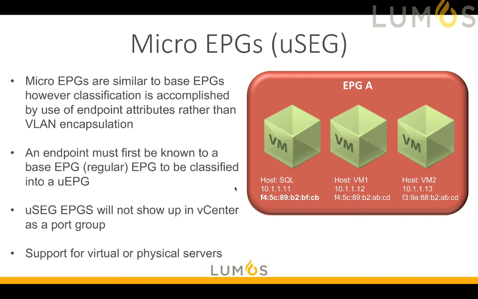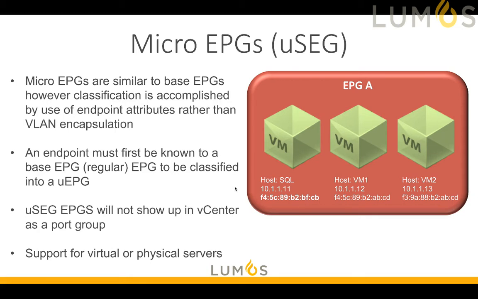So one thing I really want to bring up to everyone's attention is these USEG EPGs will not show up in vCenter as a port group. Okay, so I'm sure most of you are familiar with base EPGs. We build an EPG, we tie it to a domain. Let's say it's a VMM domain. We push that down to vCenter. vCenter creates a port group for us for that EPG. We're not going to see that with these USEG EPGs.